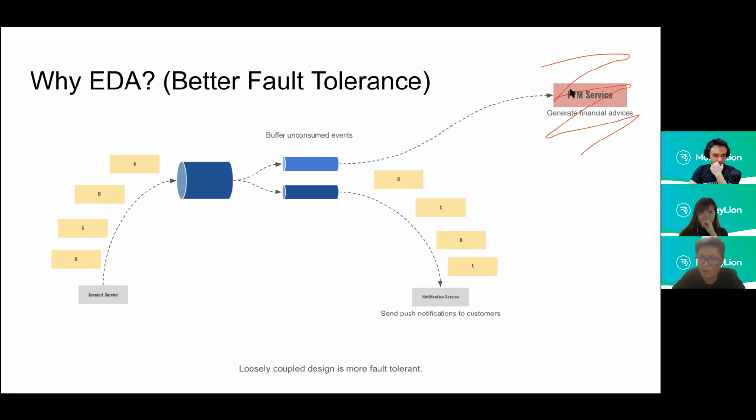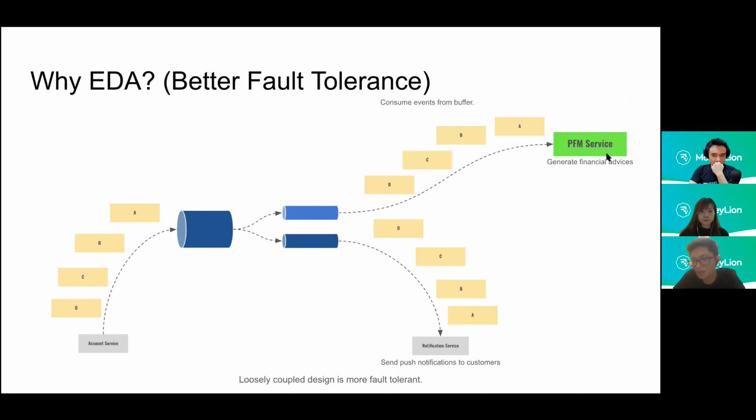But for the service that is down, the PFN service, what we can do is allow the message broker component to buffer the unconsumed events. Basically, we keep track of which events have not been consumed by the downstream services and just buffer them here. And why is this important?